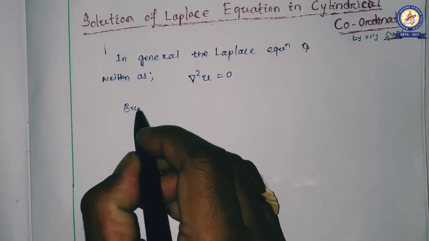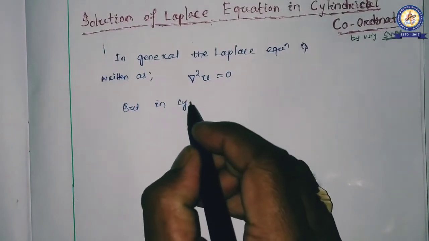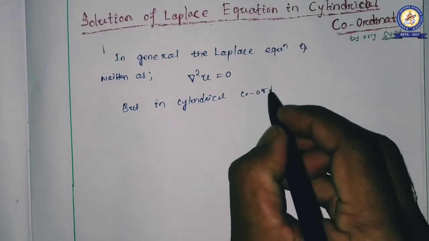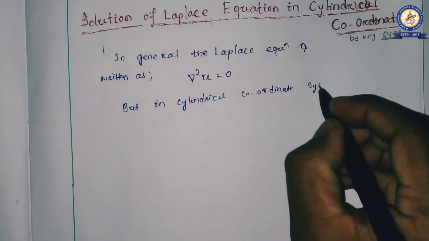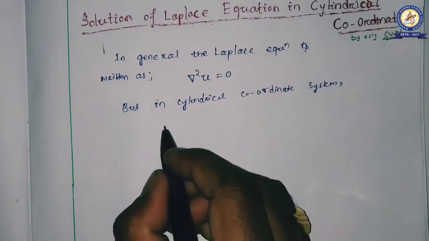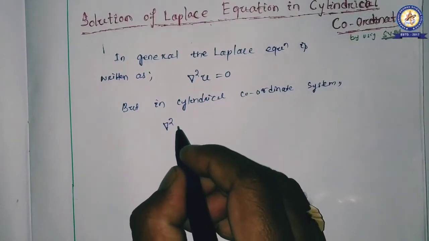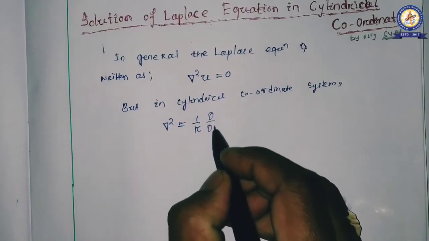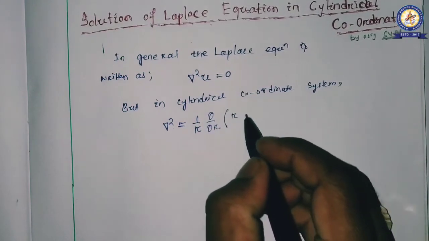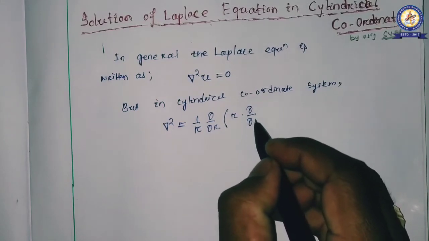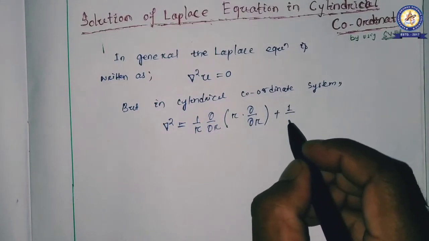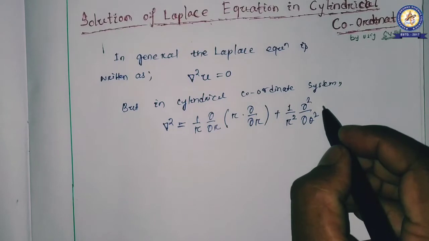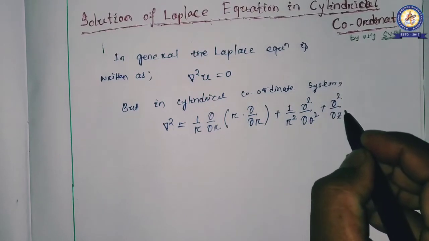But in the cylindrical coordinate system, the del square operator is equal to how much? 1 by r, del by del r into r into del by del r, plus 1 by r square del square by del theta square, plus del square by del z square equal to 0.